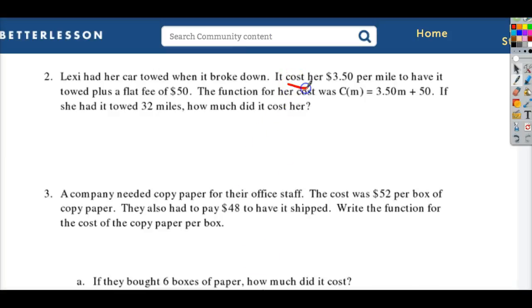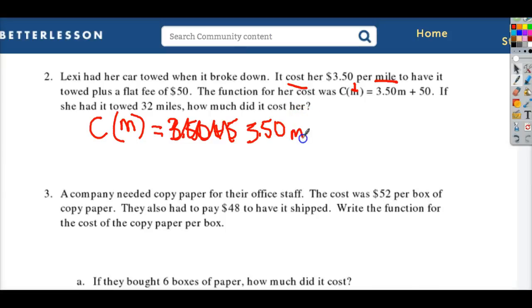Because it cost her this amount per mile. So this is the cost, the function of cost for your input of miles, right? So my cost in terms of how many miles I drove is 3.50 times the amount of miles plus $50, right?